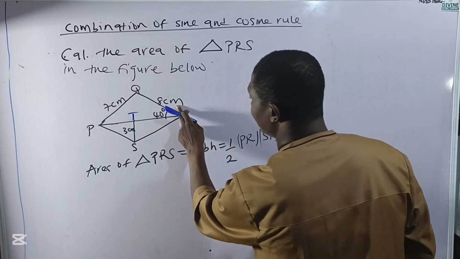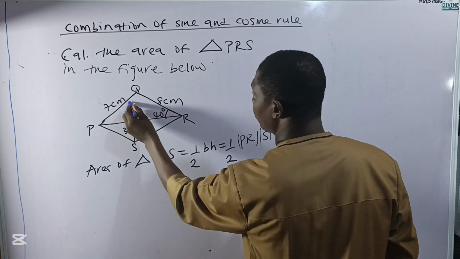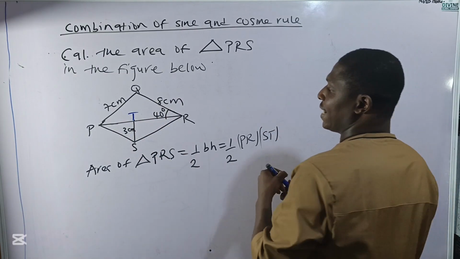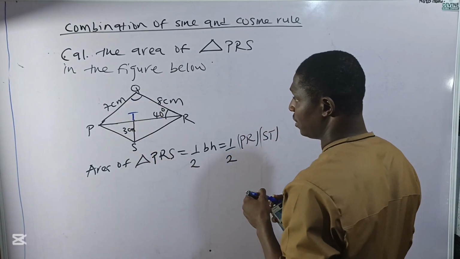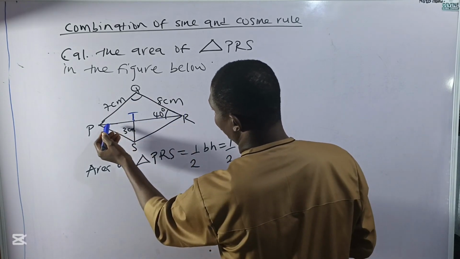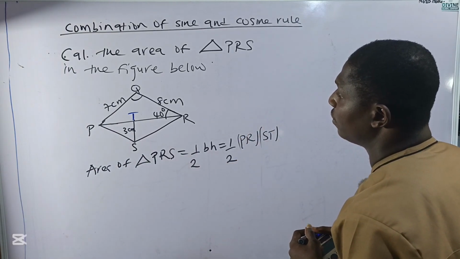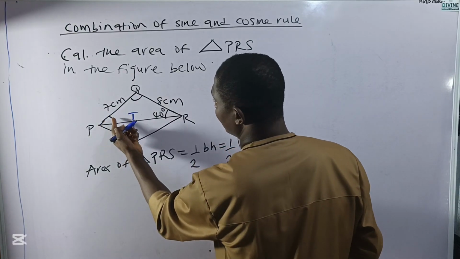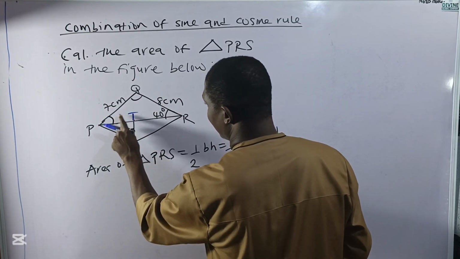Now I have this side. I have two sides, but I don't know this angle. And I can't get this triangle directly. I can't get angle Q directly, because I don't know this side also. But I can get this angle P here.